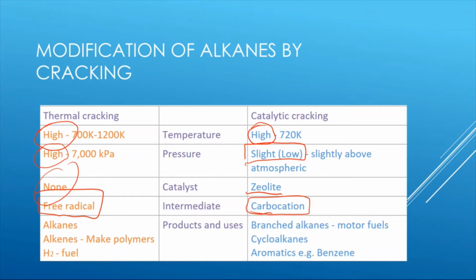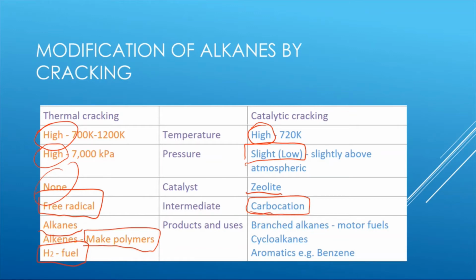Right, so the products and uses, you need to know this really well. Thermal cracking would always produce an alkane, and it would always produce an alkene. It can produce many alkenes, but it would produce an alkane as well. The alkenes can be used to make polymers, such as plastic. It can also produce H2. It won't always be produced, but the H2 can be used as a fuel.